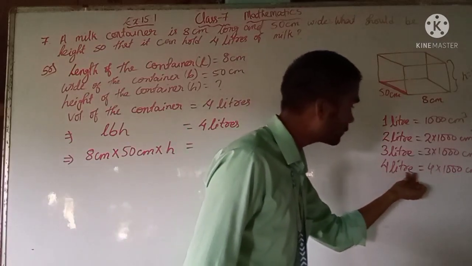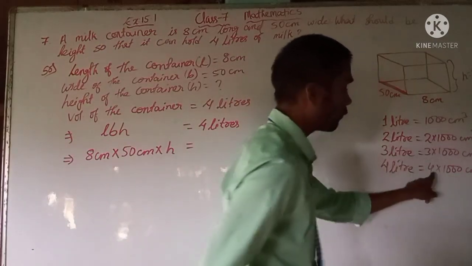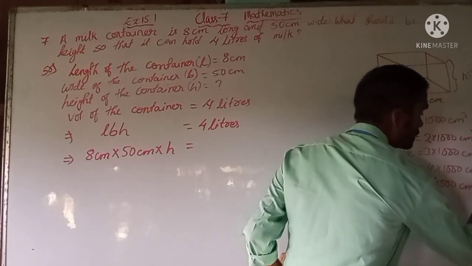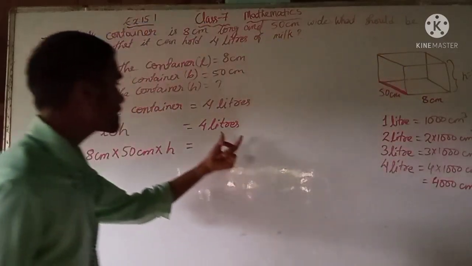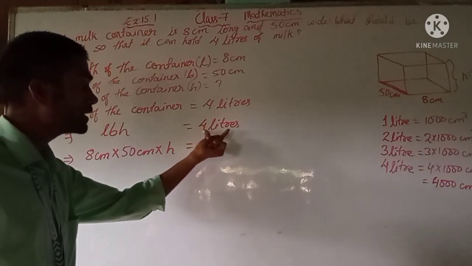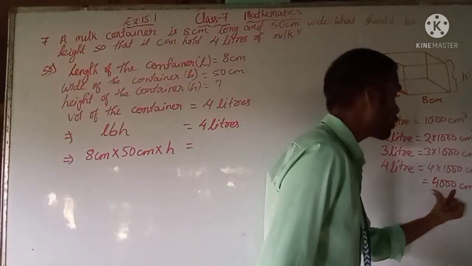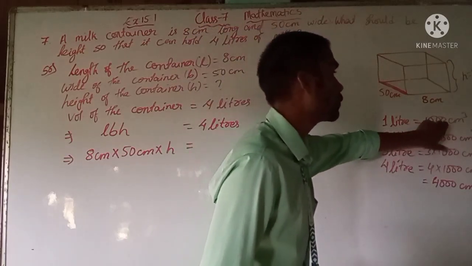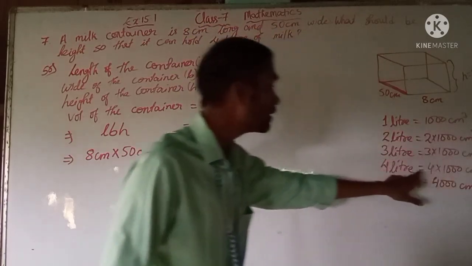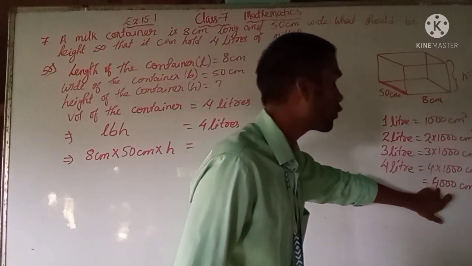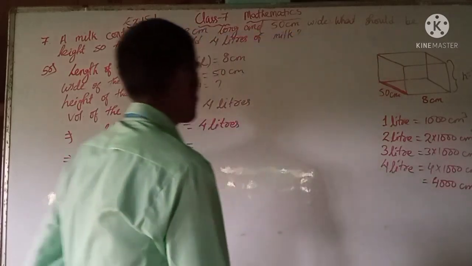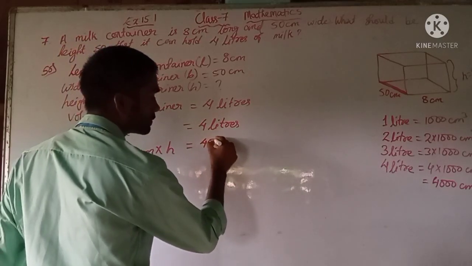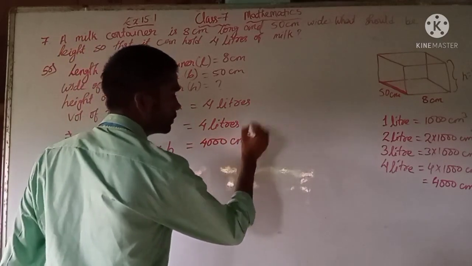Now 4 liter will be equal to how much? 4 into 1000, we get 4000 centimeter cube. Now instead of this 4 liters, we'll place 4000 centimeter cube. Why? Because 1 liter is equal to 1000 centimeter cube, then 4 liter will be equal to 4000 centimeter cube.